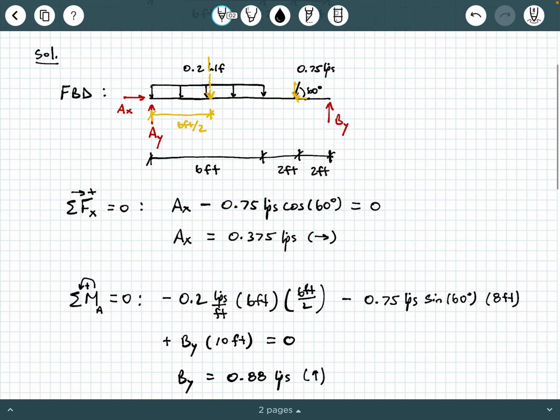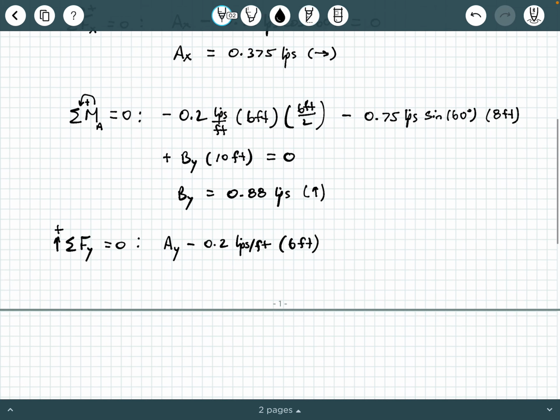The next thing we encounter is the 0.75 kips, which is pointing down, but we're looking at vertical components, so we need its vertical component specifically. So we're going to say minus 0.75 kips times the sine of 60 degrees.